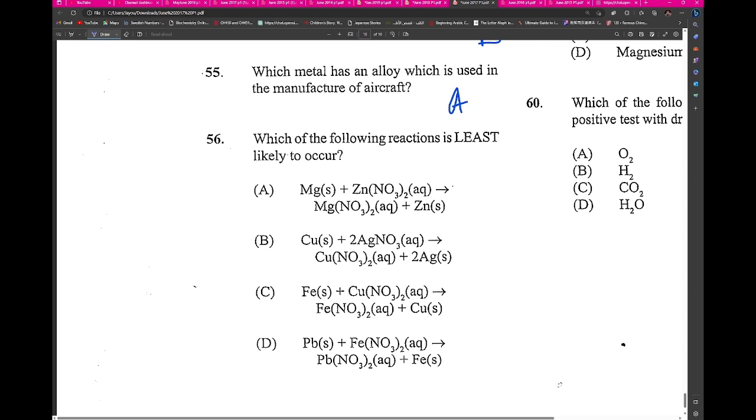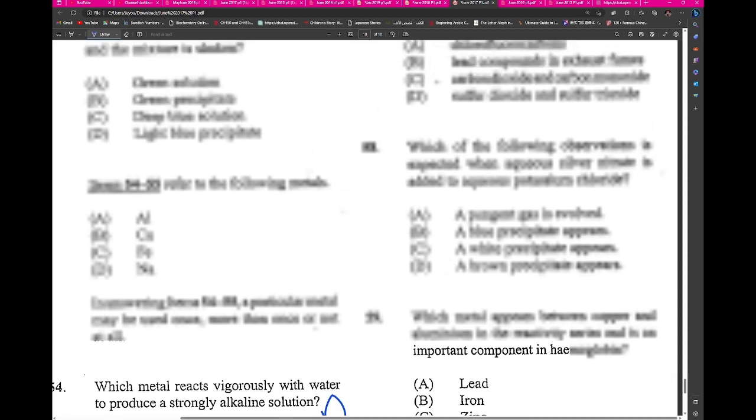Yes. Is copper more reactive than silver? Yes. Is iron more reactive than copper? Yes. So is lead more reactive than iron? No. D is the answer. Right?